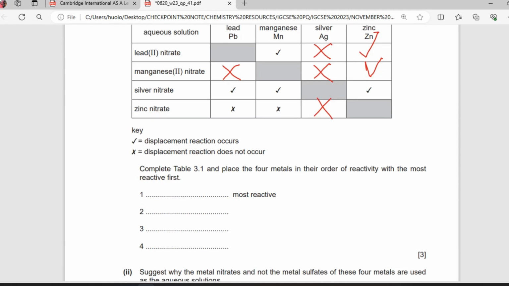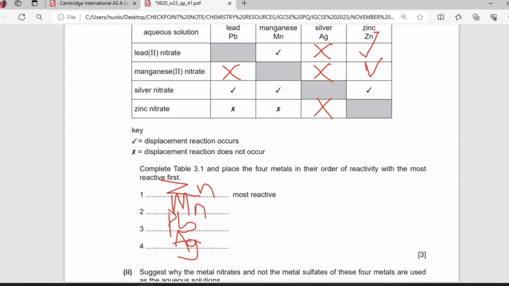So we are to arrange these elements in order of reactivity. So obviously zinc will top the list, followed by manganese, Mn, followed by lead, Pb, followed by Ag, silver.